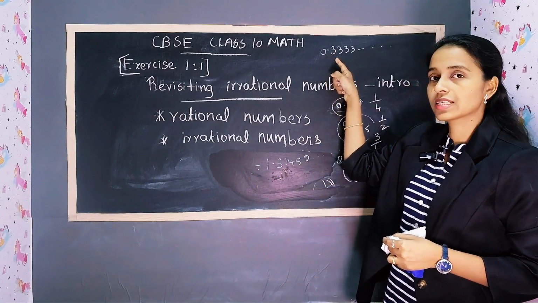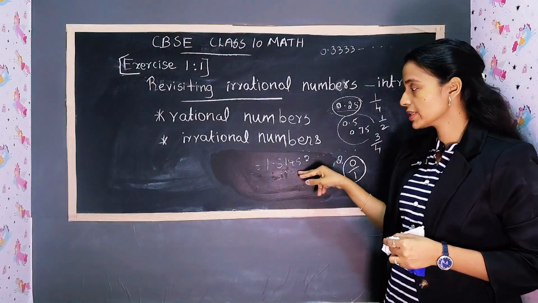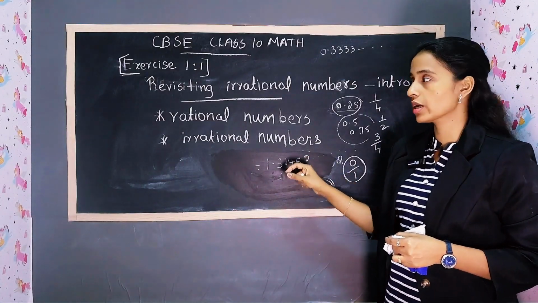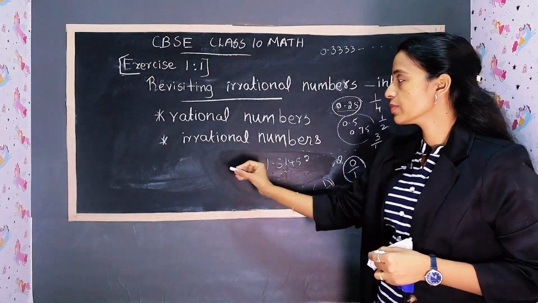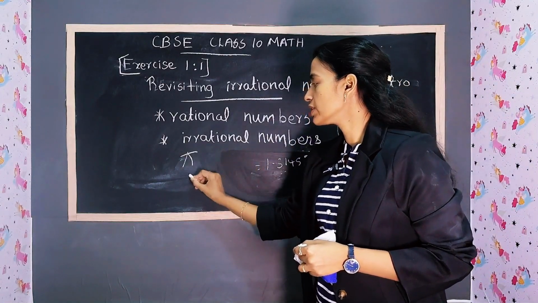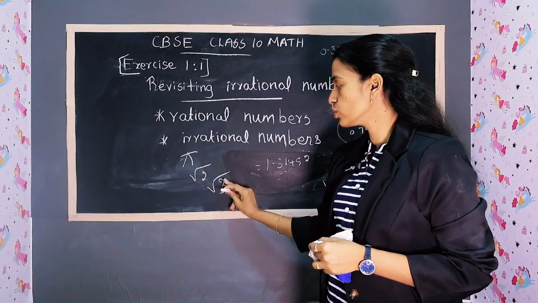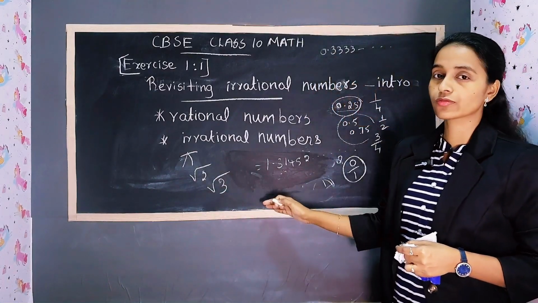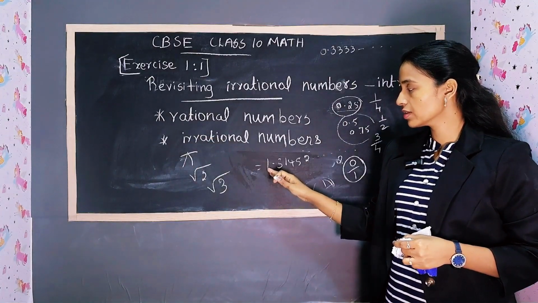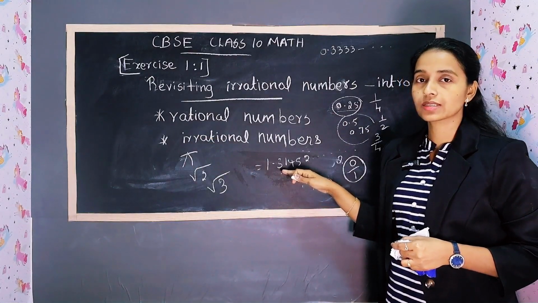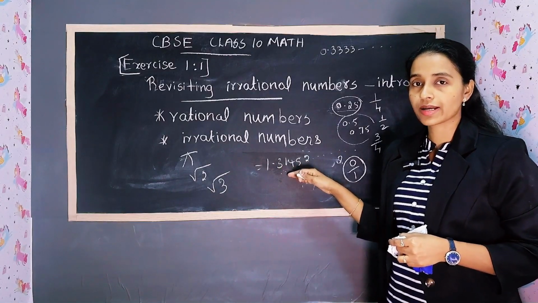Here the 333 pattern is getting repeated, but here no pattern gets repeated. Such numbers come under irrational numbers. For example, pi, the value of square root of 2, and the value of square root of 3. These all come under decimal numbers with non-repeating patterns.